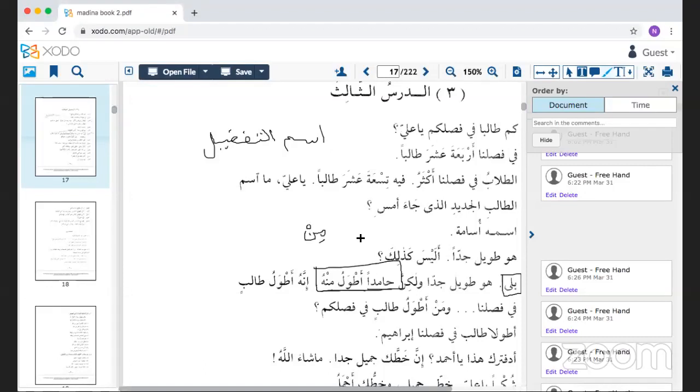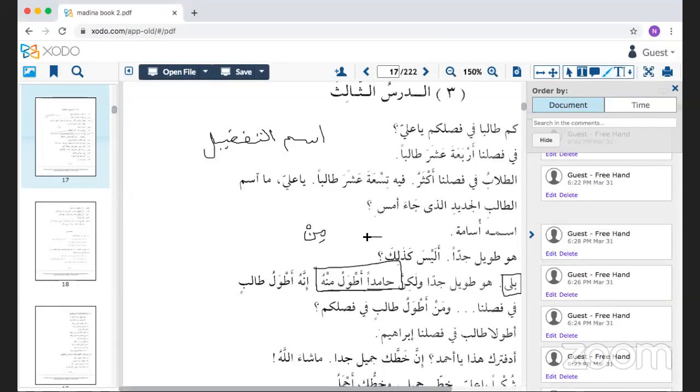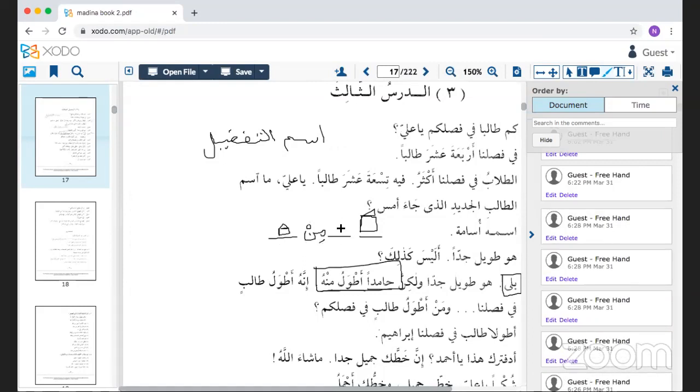Because you're comparing someone or something as afdalu or atwalu or aktharu min something else. So this over here is, for example, the first house. This over here is the second house. These are the two things that you're comparing. And over here, what will go?